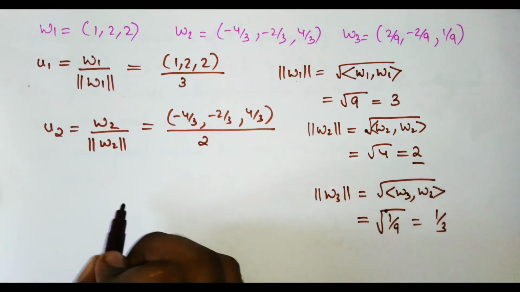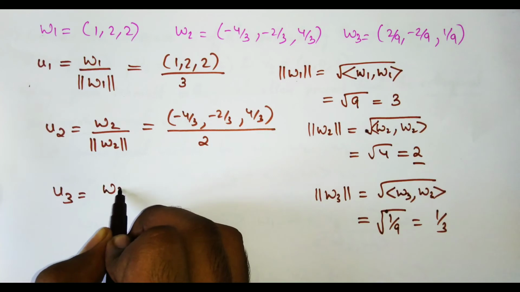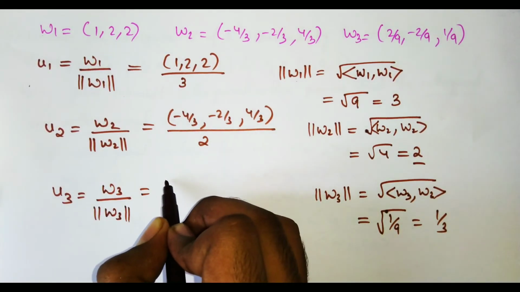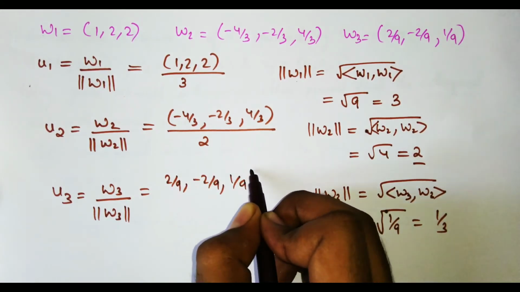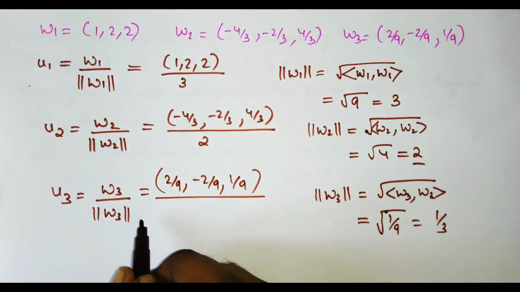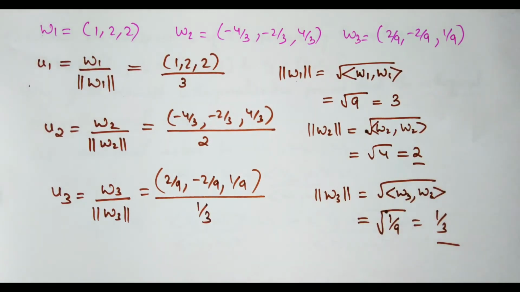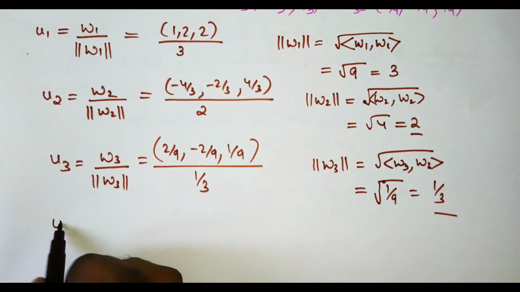Now next one, w3 divided by the norm of w3. So w3 we have (2/9, -2/9, 1/9) whole divided by the norm of this, which is 1 by 3. After simplification, what will you get?